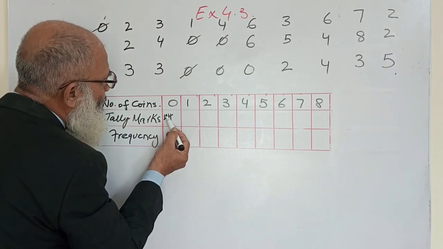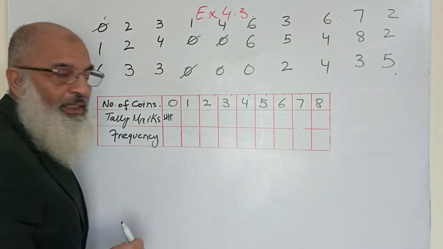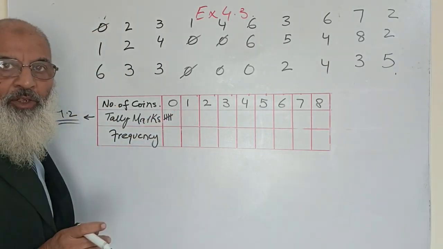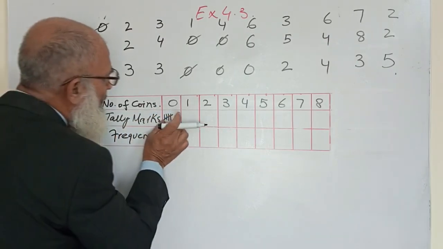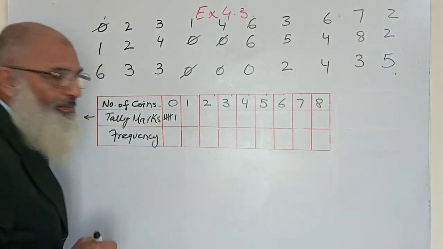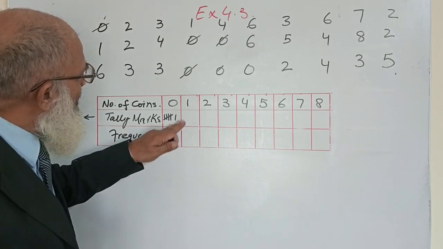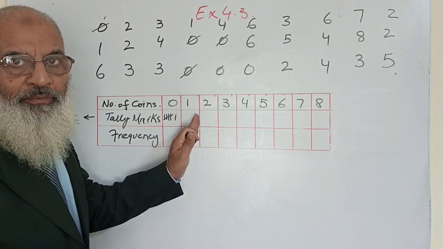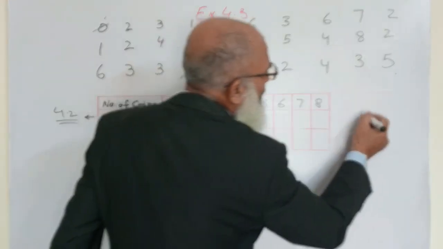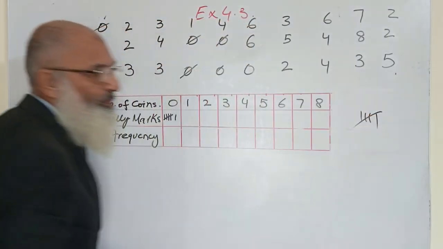It means 1, 2, 3, 4 and the 5th is this. It is a bundle of 5, and next you will write once again. And if it appears 5 times again, you will do it like this: 1, 2, 3, 4, 5.